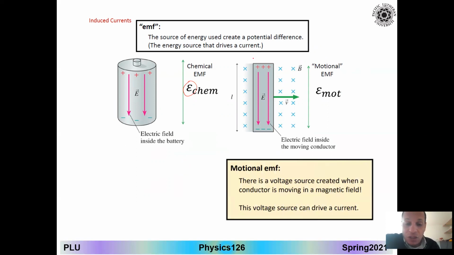As a general definition, the motional EMF is just the voltage source created when a conductor moves in a magnetic field, and this voltage source drives a current. That's what we end up with: a potential difference, and that generates the current that feeds the electric circuit.